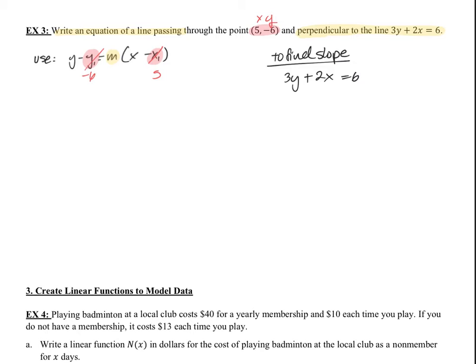Remember, y equals mx plus b. Then whatever's near the x will be my slope. So solving for y, we'll subtract 2x from both sides, and we get 3y equals -2x plus 6. Divide both sides by 3, and we have y equals -2/3x plus 2.